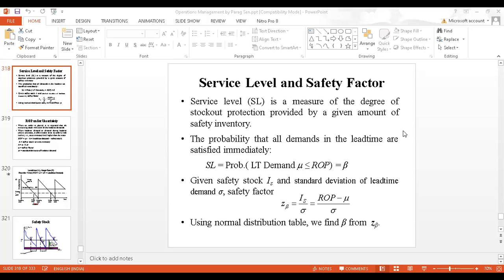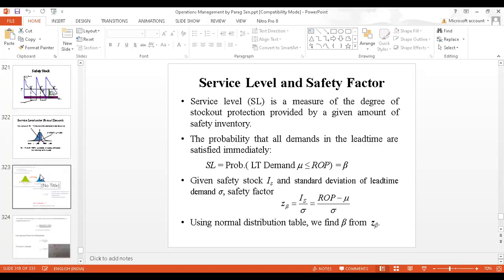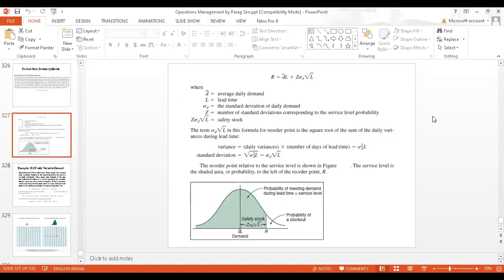So now our objective is how to calculate the safety stock. Okay, so let's take a look at how to calculate the safety stock. Now we know that the reorder point is given by the lead time demand, which is d bar into L, average daily demand into lead time.